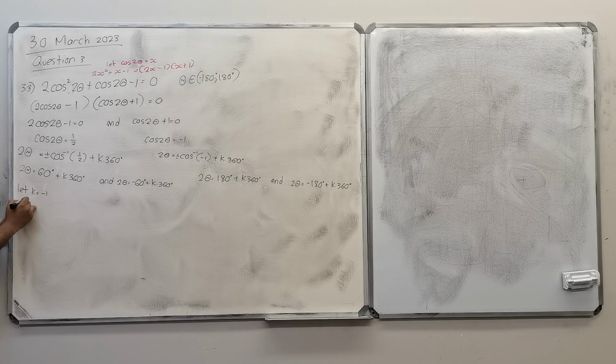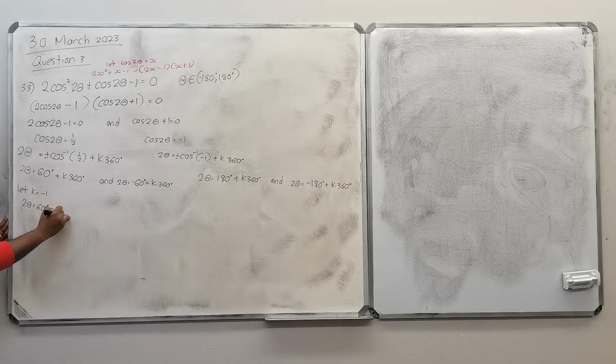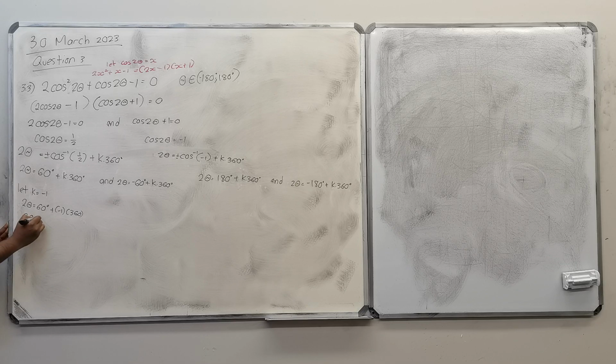So 2 theta is equal to 60 degrees plus minus 1 times 360. Minus 1 times 360 is minus 360 plus 60 is minus 300. Theta is equal to minus 150. Falls within our range. Okay, that's one value of theta.